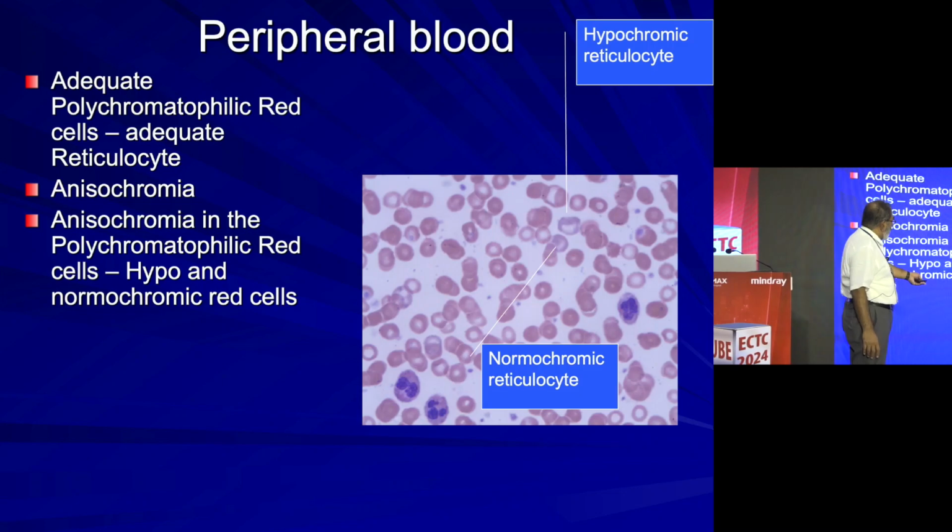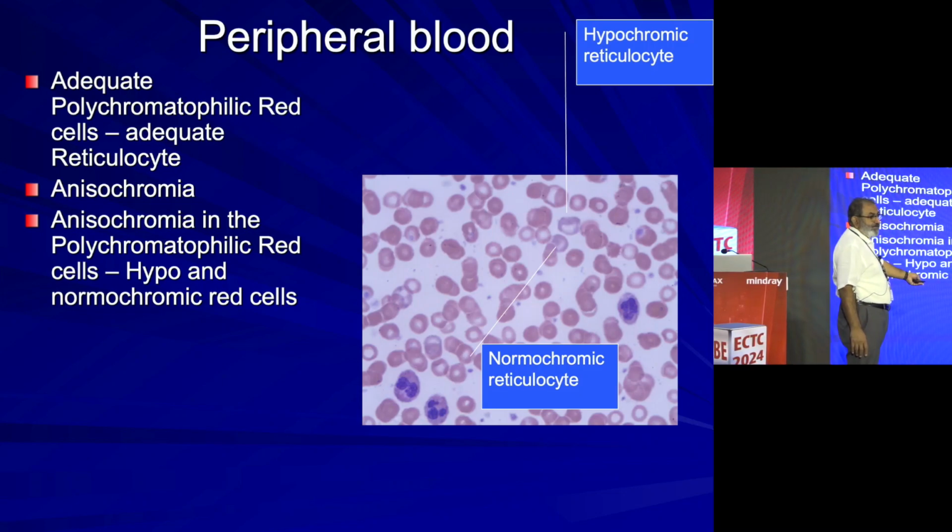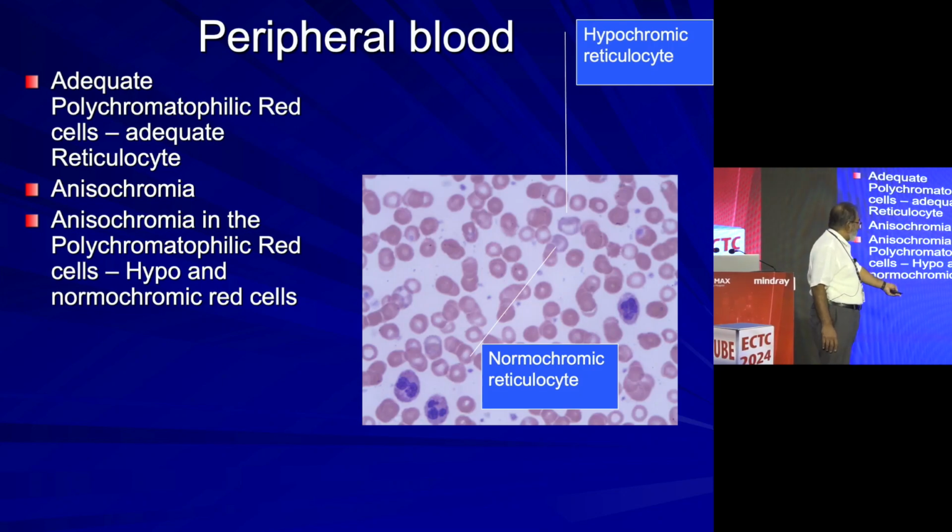For example, this has low iron, while this has adequate iron. At the same time, there is hypochromia in the red cells, and some red cells are normochromic. So anisochromia happens in the patient almost every day, because even among the reticulocytes, some are hypochromic, some are normochromic.